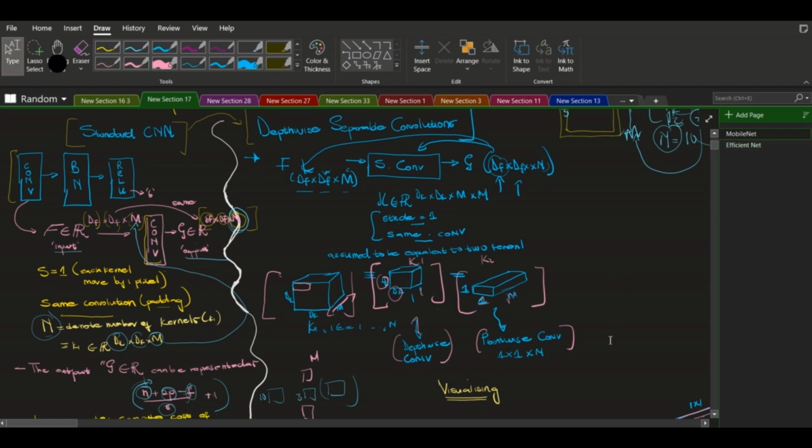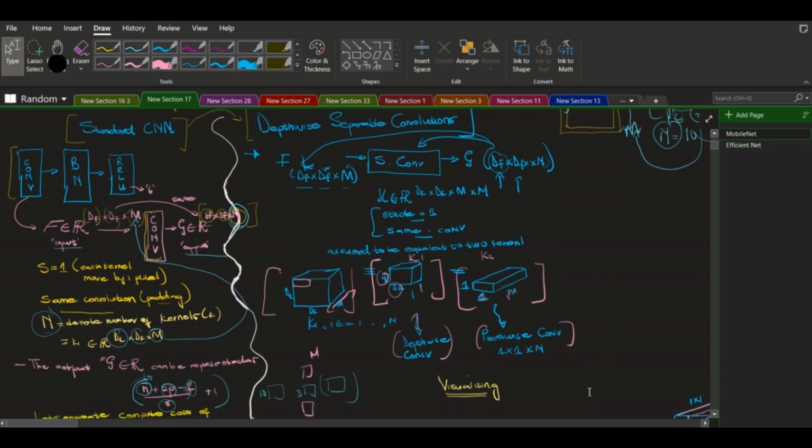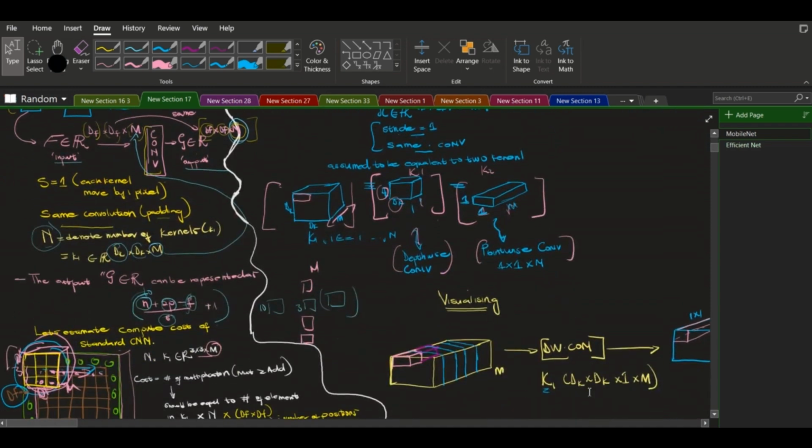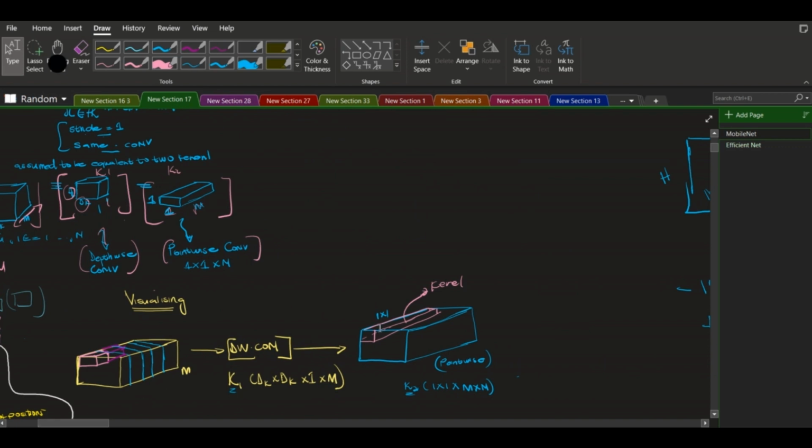Okay, so if you're still confused, let's try to visualize this. Let me just scroll here. So let's say you have an input, it has M channels, right? So what you're going to do is use the dimensions of the kernel, so it's Dk by Dk by 1, like so. We explained this here, right?